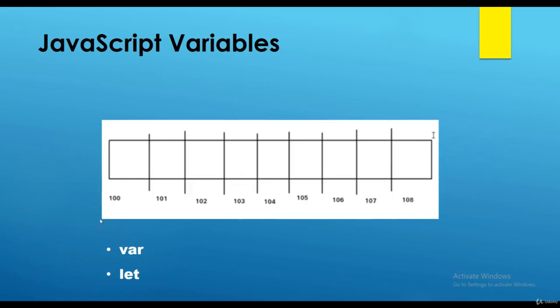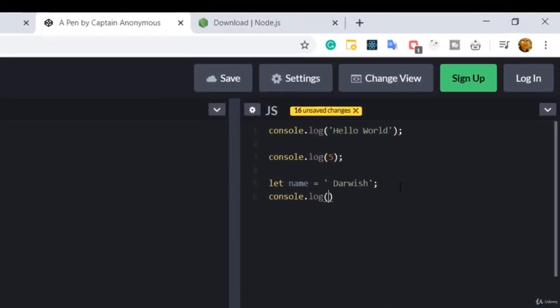So if I would like to print the value inside this area, I just call it by its name. Maybe that one has a name age. Maybe that one has a name color. Maybe that one has a name of your favorite game, and etc. So here it is, you will find Darwish is printed.